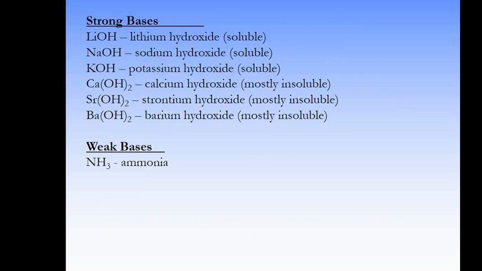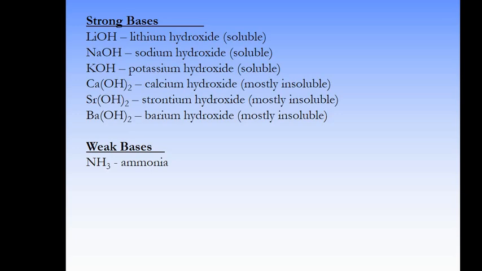There is a list of strong bases and weak bases that you should have memorized. If you look at the list of strong bases, you will notice that any group 1 metal attached to a hydroxide, so lithium, sodium, potassium, etc., all of the alkali metal hydroxides, are strong bases.